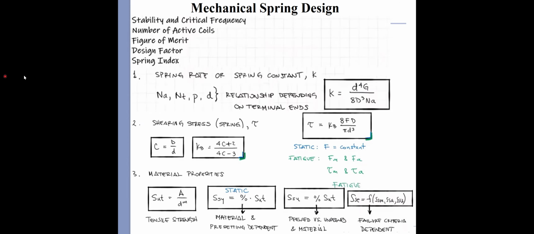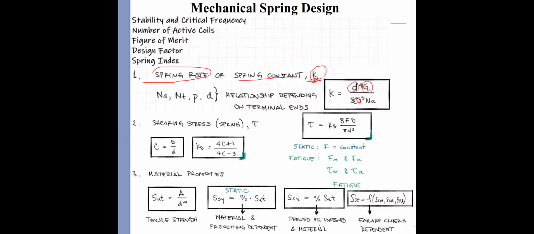For example, the parameters we have to consider in the very beginning: what type of spring do we select, and what is the spring rate or spring constant K? Based on the material's properties and the dimension and geometry, K can be defined as dimension related and material related.